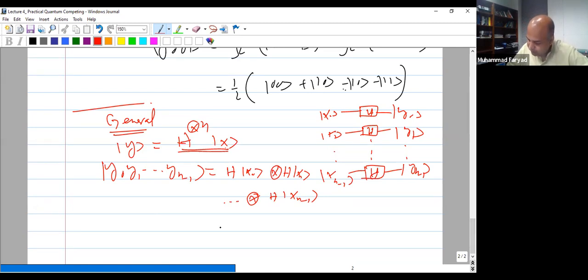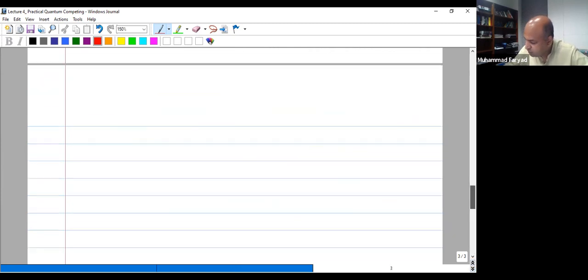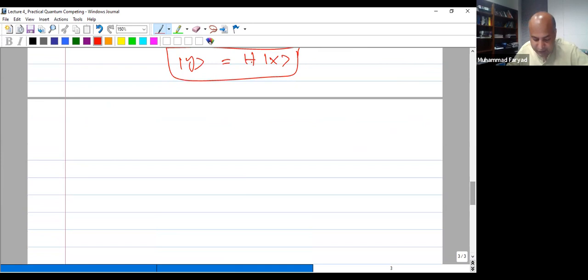Okay, so let's see how we can simplify it. When I write this y, this really means this bit string. And when we write this Hadamard with star n, it means Hadamard on each individual bit. By the way, some people would simply write it like this, and this would still mean a Hadamard on each one of the individual qubits. This is just a compressed notation that some people use, to confuse people. Anyway, let's now write this y again.